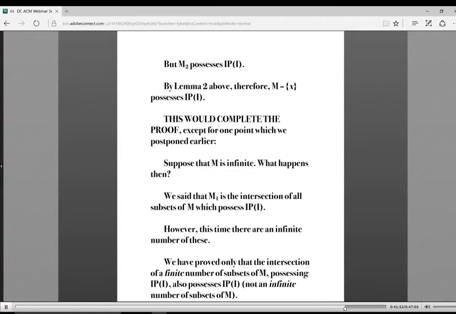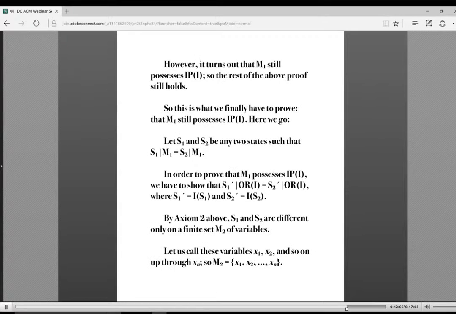We have proved only that the intersection of a finite number of subsets of M possessing IP of I also possesses IP of I, not an infinite number of subsets of M. However, it turns out that M1 still possesses IP of I, so the rest of the above proof still holds. So this is what we finally have to prove, that M1 still possesses IP of I. Here we go.